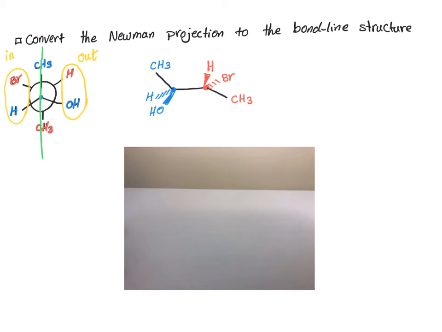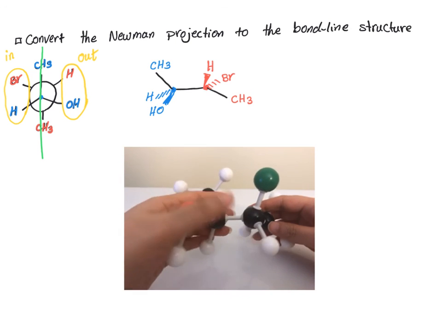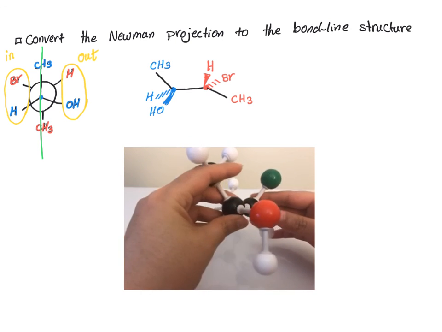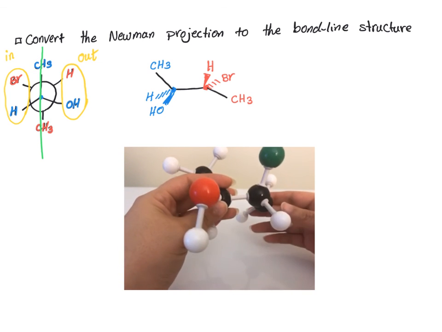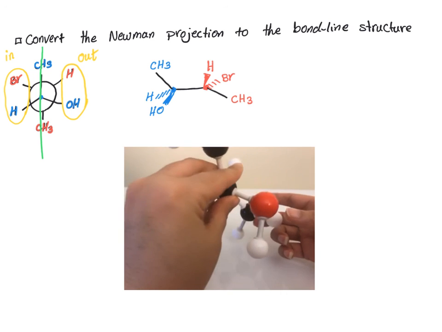As I mentioned, you can also simply make the model of the molecule by looking at the Newman projection and then draw the bond line structure by looking at the model. So here is the model of this molecule.